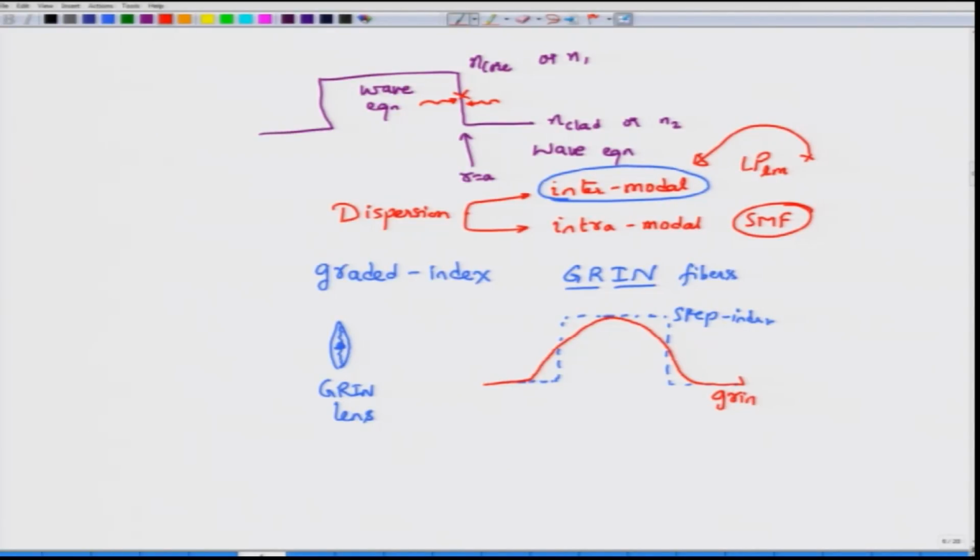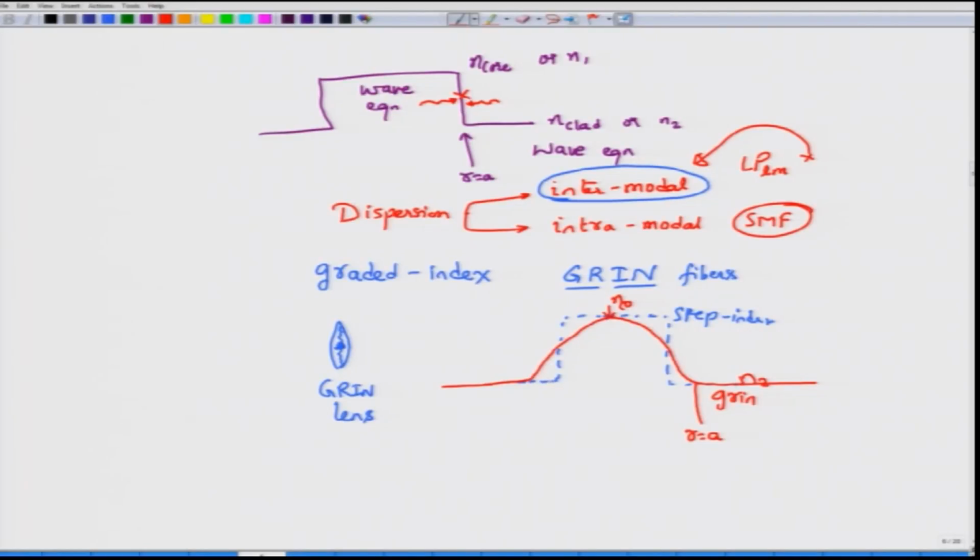The profile starts with a maximum value of N0 at the center, and then reaches down to N2 at the cladding. We assume that in the cladding the refractive index is constant, although there could be changes even in the cladding. It slowly changes over from N0 to N2. The point where it happens is what we would call r equal to a.